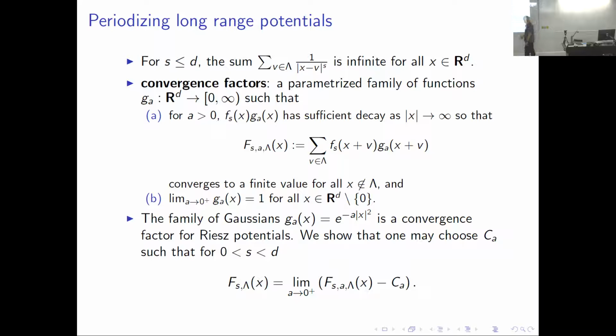And then we're interested in under what conditions. So right here, I'm doing it for Riesz, but you can do this for other things. Under assumptions on this family, on this potential, you can show that, under certain assumptions which Riesz satisfies, you can write this subtracting off a constant.